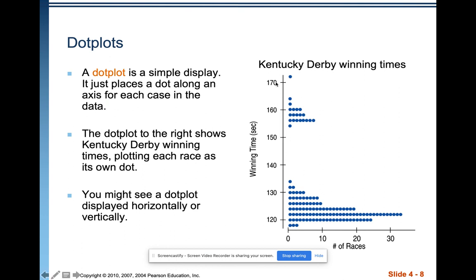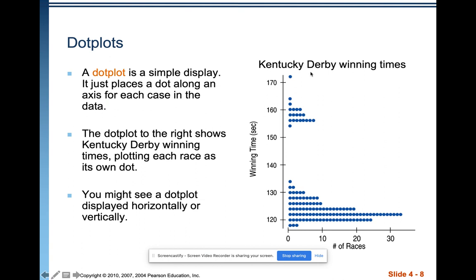But there's nothing wrong with having one where the variable of interest is on the vertical and the frequency is on the horizontal. Since it can be oriented either way, that's why it's so critical to label the axes as well as giving a meaningful title.